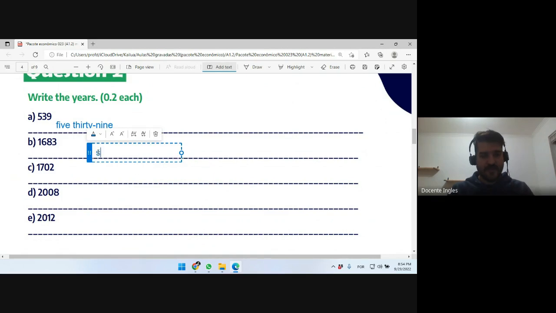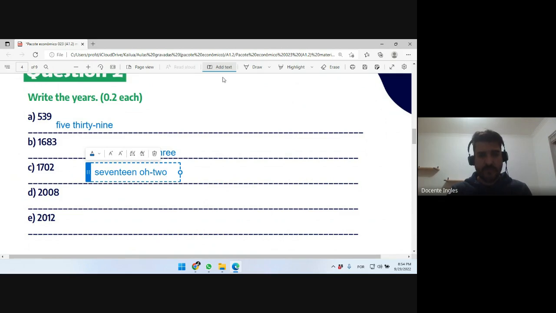So we have 1683. In letter C, we divide 2 and 2. 1702. So when we have 0 in this position, we put O.